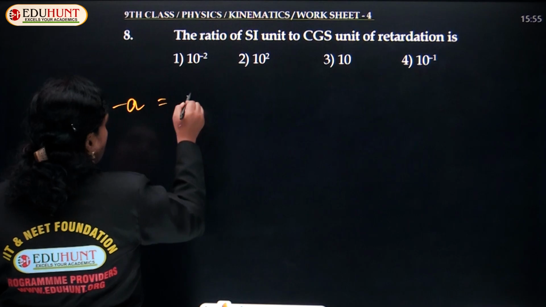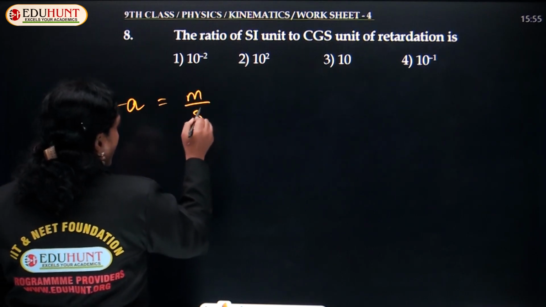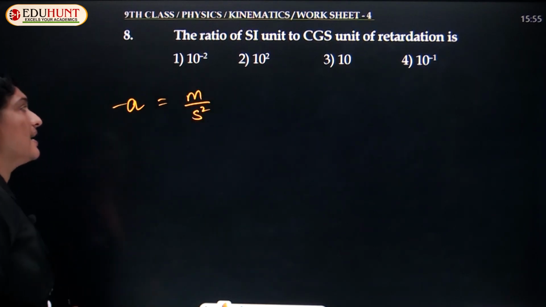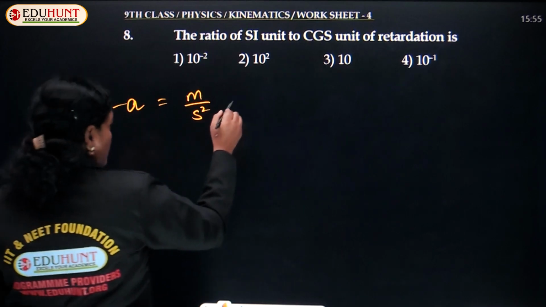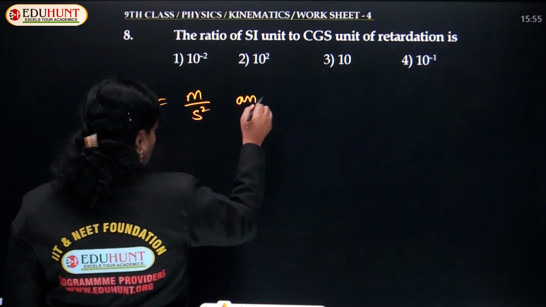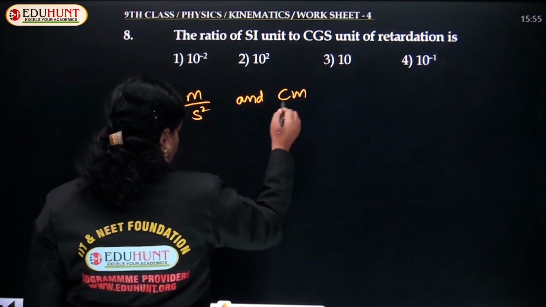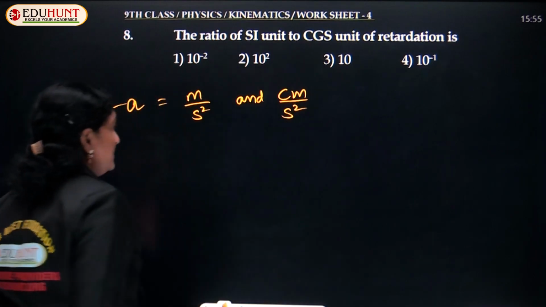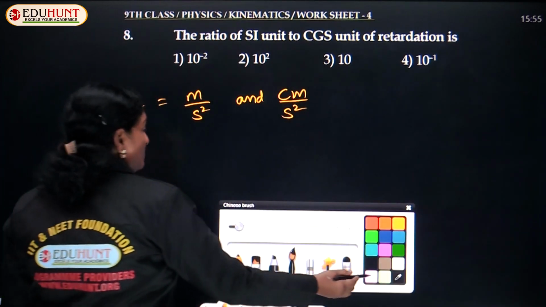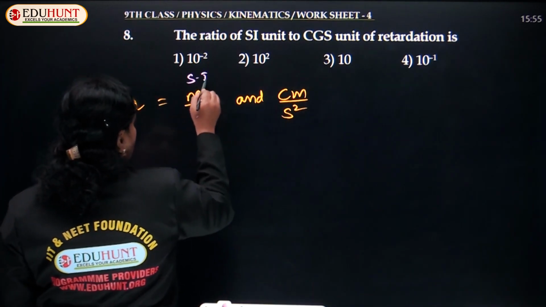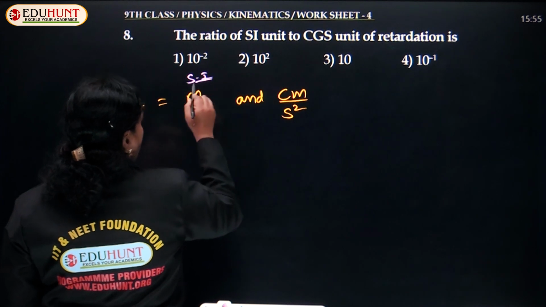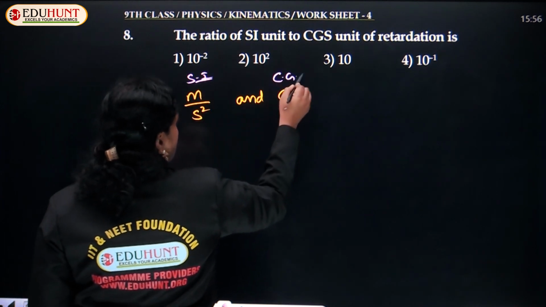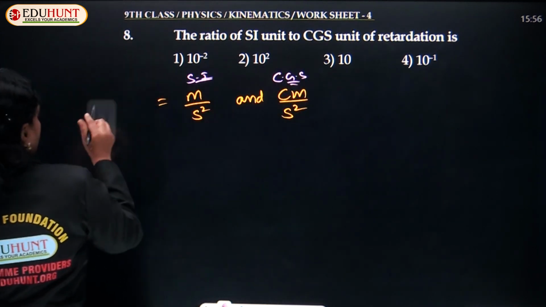Units is meter per second square in SI unit, whereas centimeter per second square in CGS unit. This happens to be in SI system and this happens to be in CGS system for retardation.